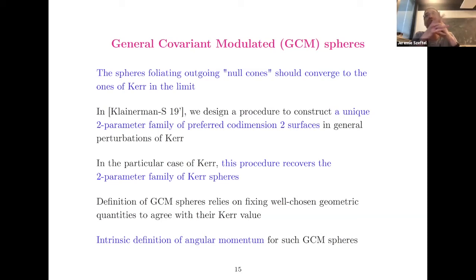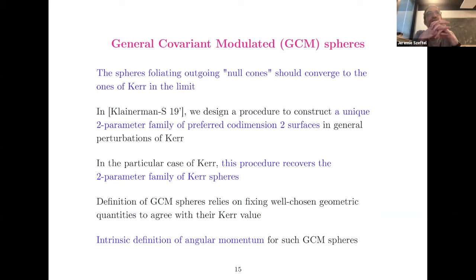But in our case, we are in dimension 4 in a Lorentzian spacetime, and it's very important to have a codimension 2 construction, which is actually harder. And codimension 2, because as I said, these spheres correspond to the spheres of constant t and r coordinates in Schwarzschild or in Kerr. So these spheres depend on two parameters, t and r.